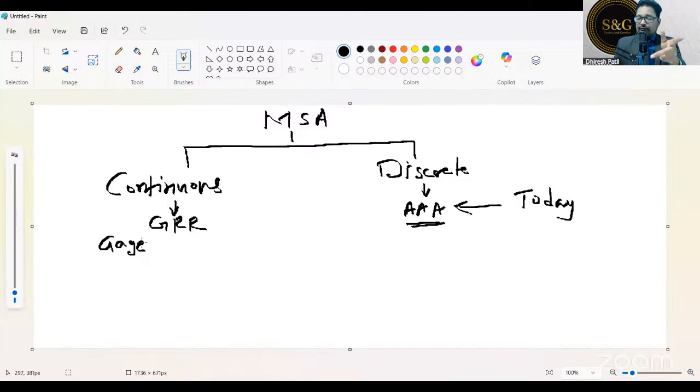That's the only difference between the spellings. Both are the same. Gauge repeatability and reproducibility.